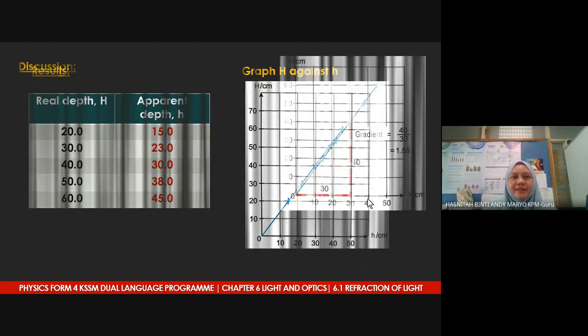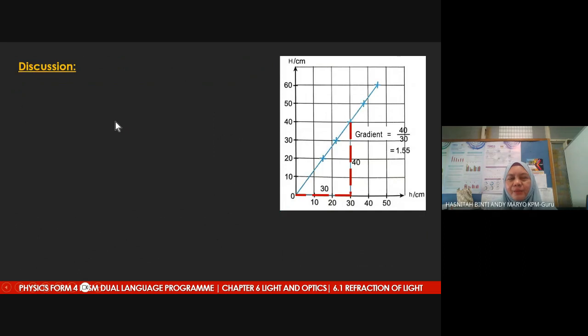Alright? Okay, students. So what is the analysis we can make from this result? Number one, from the table, you can see apparent depth is lower compared to real depth. This is logic. Apparent depth must always be less than real depth, right?